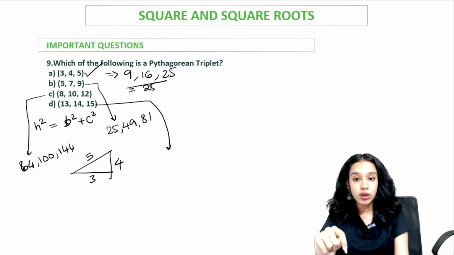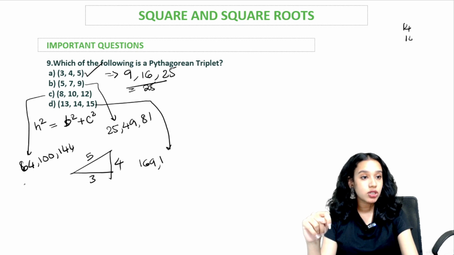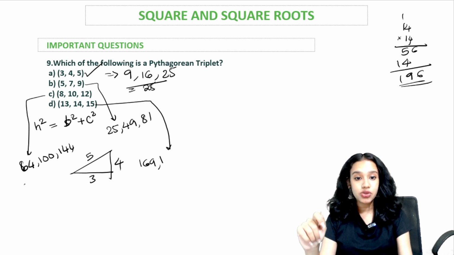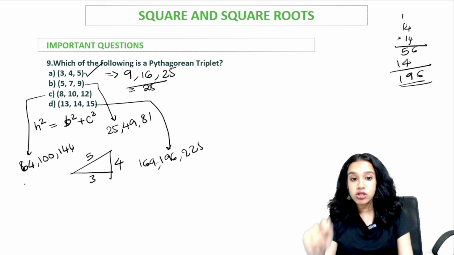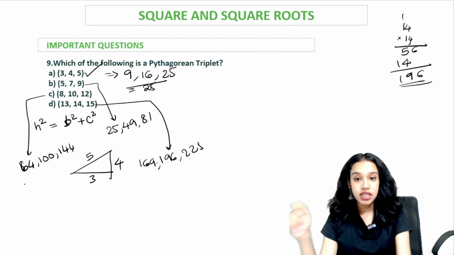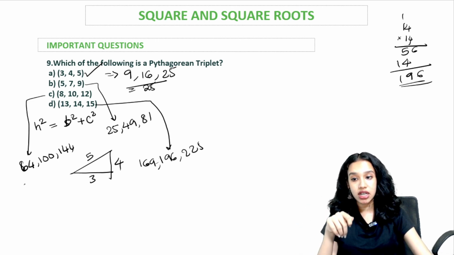Now for the next one, we have 169 and 14 square, we'll find it out. 14 into 14: 4 4s are 16, 4 ones are 4 and 5, 4 ones are 4 and 1, we have 6, 9 and 1. So 196 for 14, and 15 square is 225. And the sum of both of these numbers is also not 225. Therefore 3, 4 and 5 is the right answer.